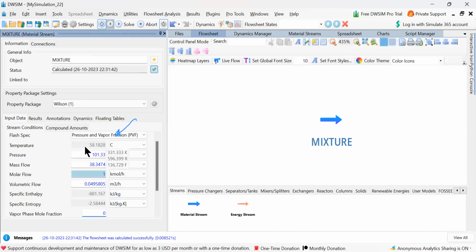Now I got the result as 58.182. So this is my result. What is the answer I got? This is the bubble point temperature. That means what should I specify? P and X. P is 101.33 kilopascals and X is 0.85.